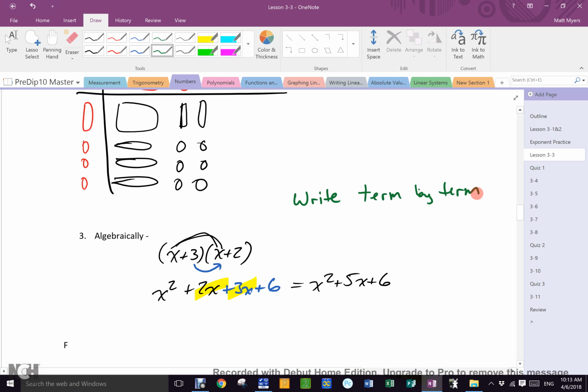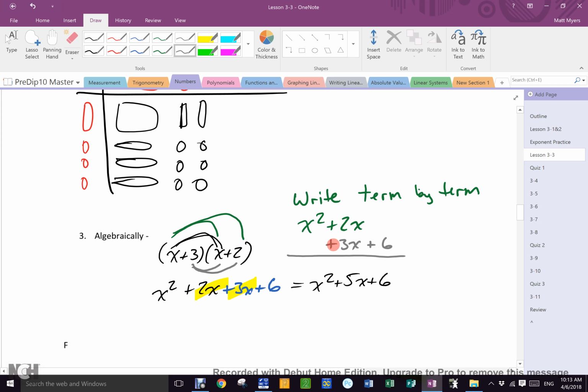The first term is, I'll use green, x and 2x. So it's x squared plus 2x. Everybody agree? Now, the second term, which I will use gray for, 3x and 2. Because it's a different term, I write it on a different line. 3x plus 6. And I put the x's together to remind myself that they're like terms.